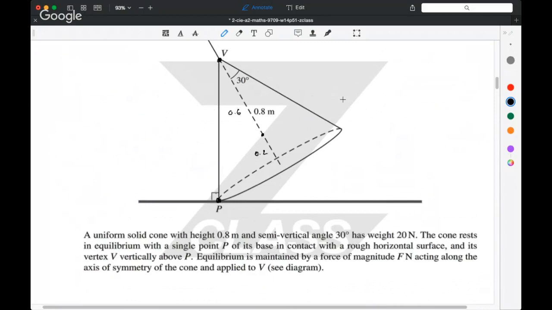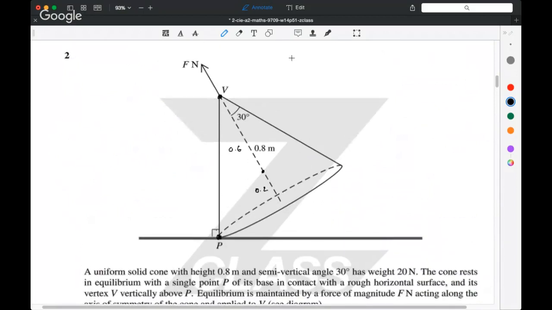So now we're going to think about the definition of the word moment.